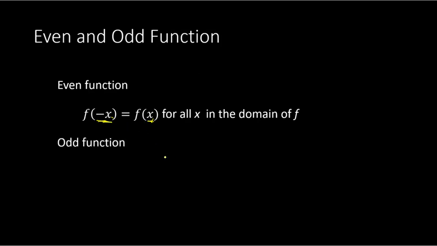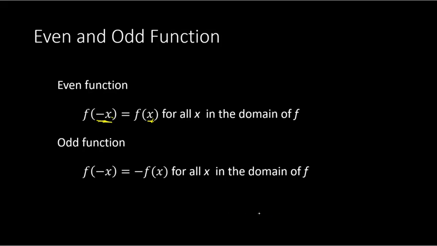And then for an odd function, in math notation, our definition is f of negative x equals negative f of x for all x in the domain of f. This has the idea, as we mentioned, of being symmetric with respect to the origin, that you can switch the sign of the x and the y values and have another point on that graph as well.